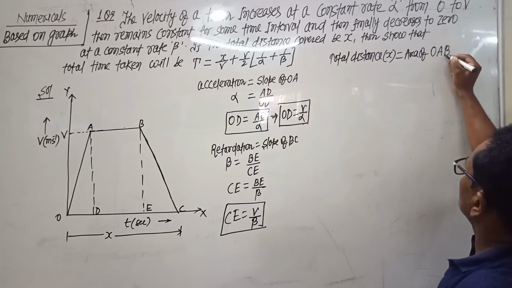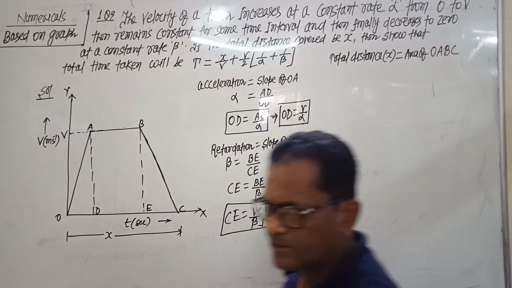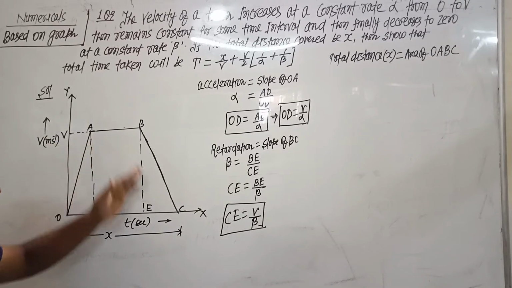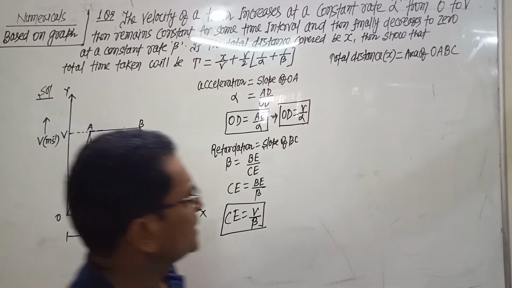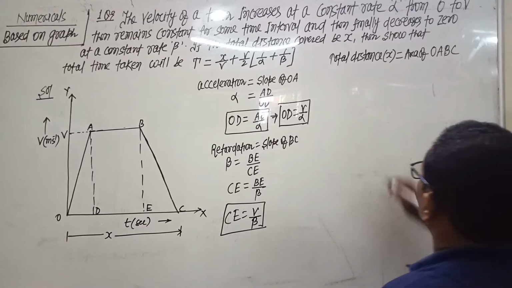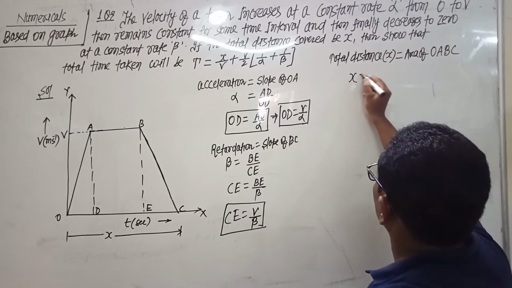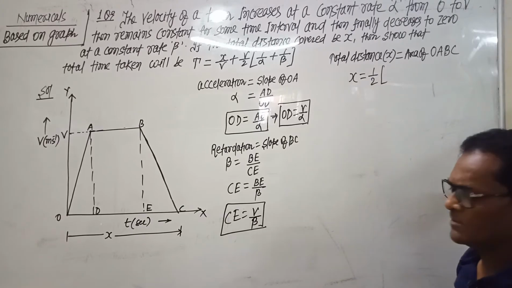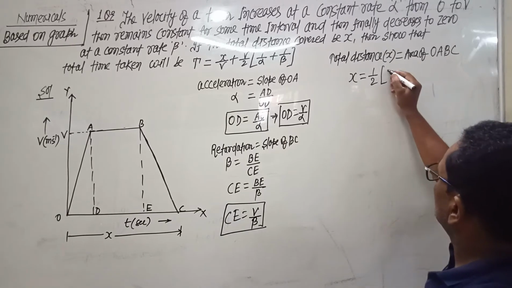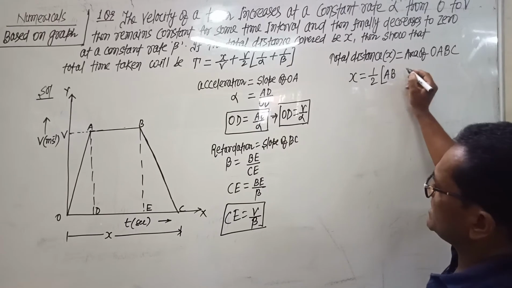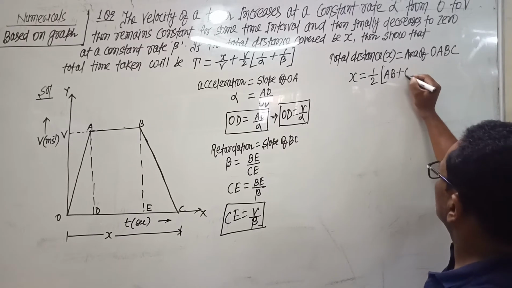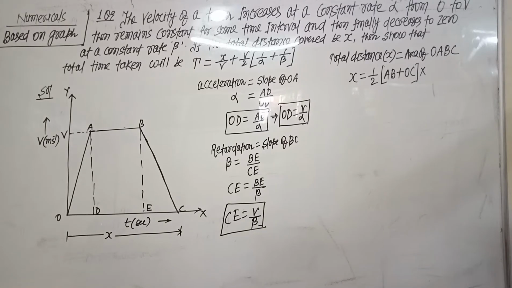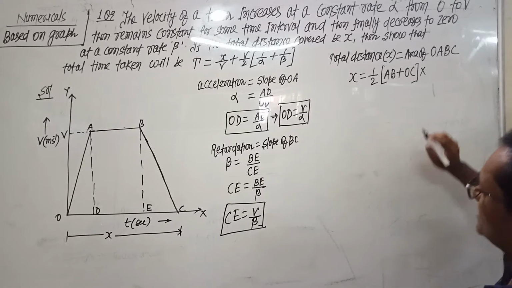The area of a trapezium is half into the sum of parallel sides, means AB plus OC, into the height AD.